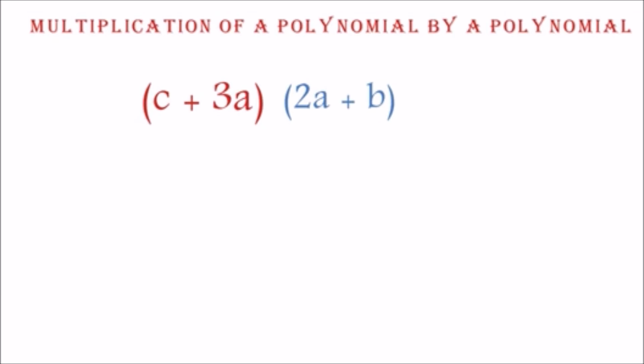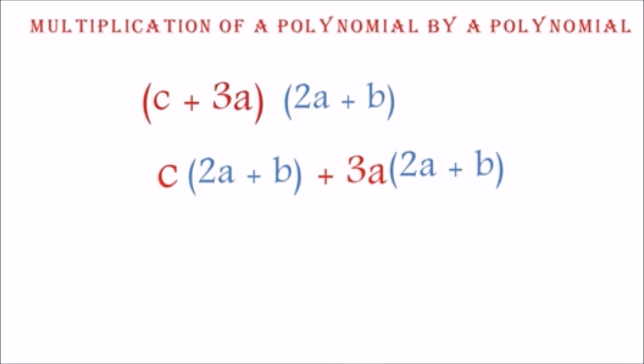We are multiplying the terms in c plus 3a by the terms in 2a plus b. We will take the first term c and multiply it by 2a plus b. Next, we will take the second term, 3a, and multiply it by 2a plus b.